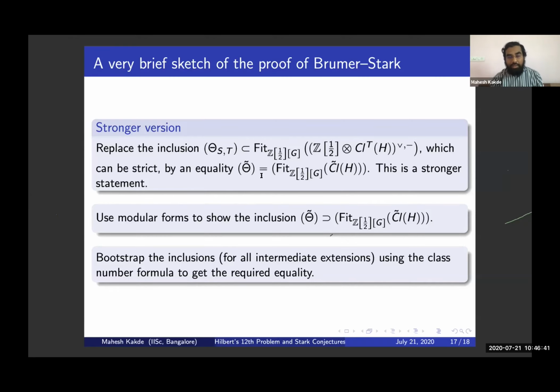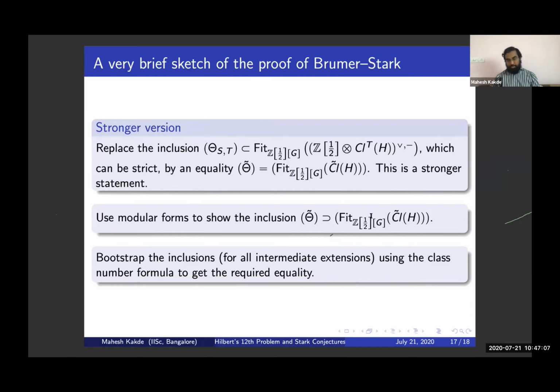Now, as I said, we can use modular forms to get that the Fitting ideal is contained in the theta, in the L-function. The modular forms will always give you ways of constructing elements. This inclusion means that you have to construct lots of elements in the class group.